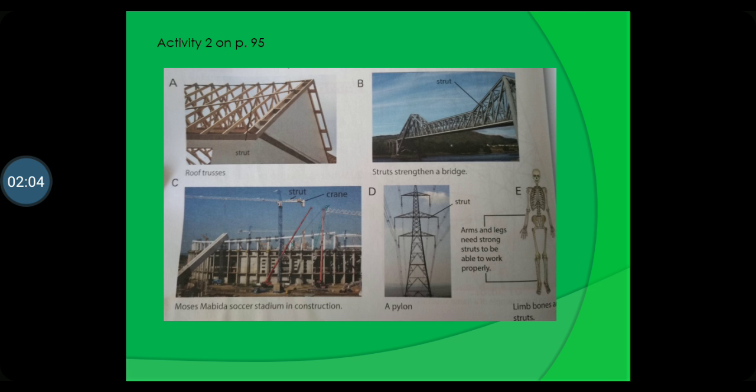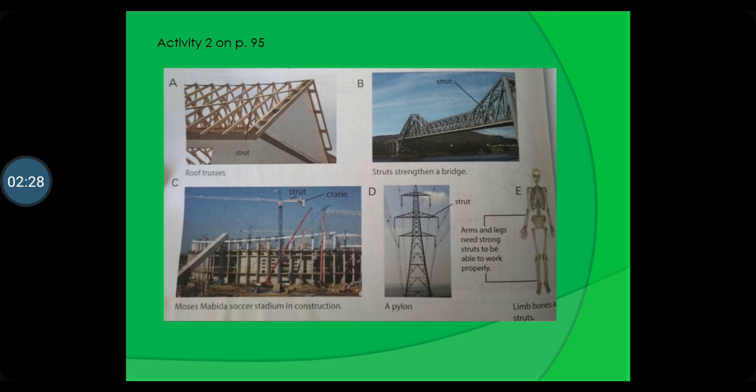Now let's have a look at activity 2 on page 95. So let's just quickly read together on page 94. Frame structures have different functions: to hold things up, to give a certain shape, or to bridge a gap between two places. To be able to do this, they need to be very strong. Frame structures are made of different parts of struts joined together.